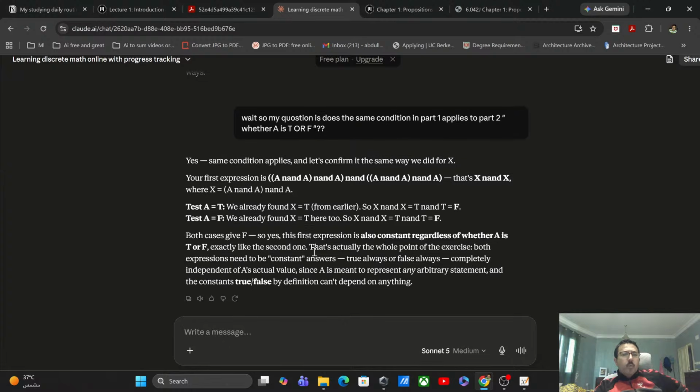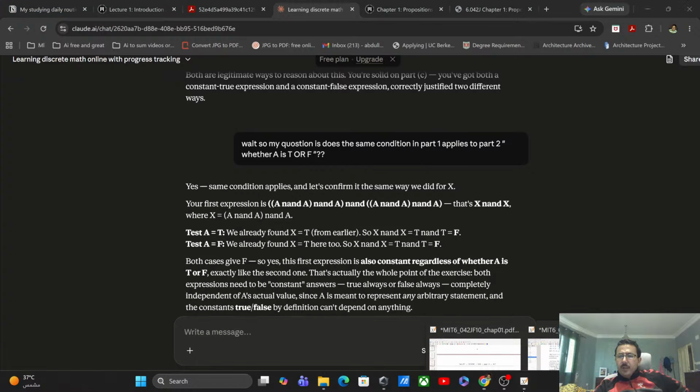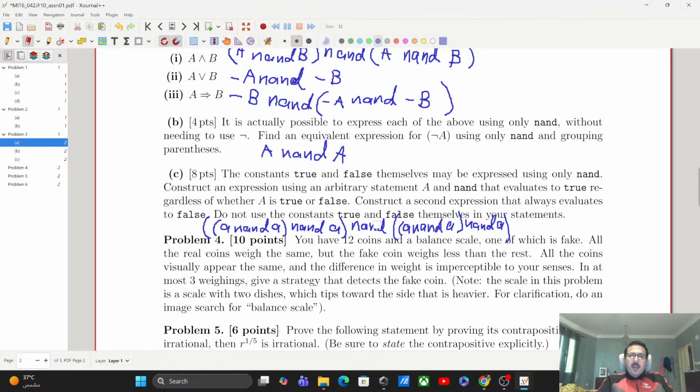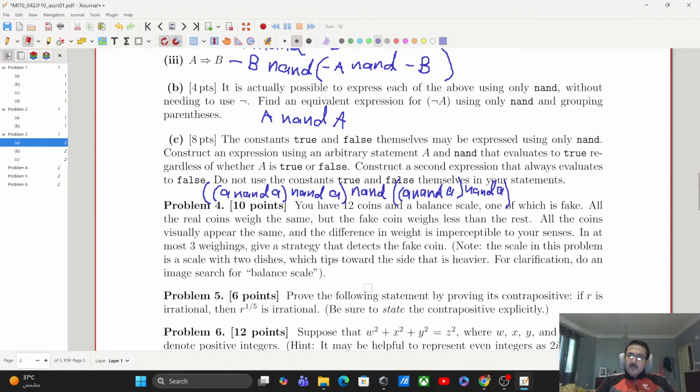Exactly like this. What are you talking about? What second one? Construct an expression using the constants true or false that evaluates to true regardless of whether A is true or false. So now we get this. He doesn't get it, huh?